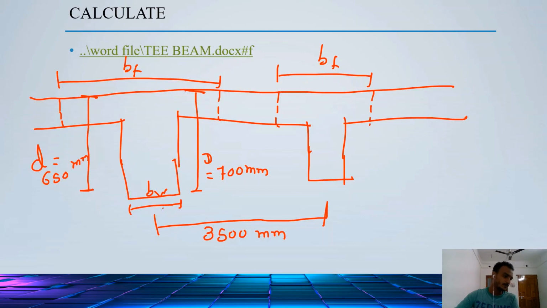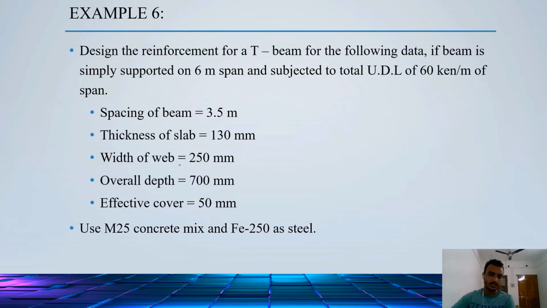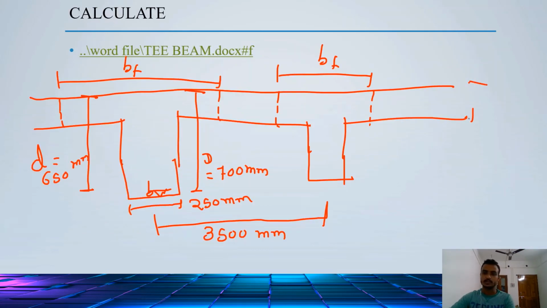Bw is missing, but the width of web is given, 250. Look at here, width of web is given 250. And the thickness of slab is also given, 130 mm.